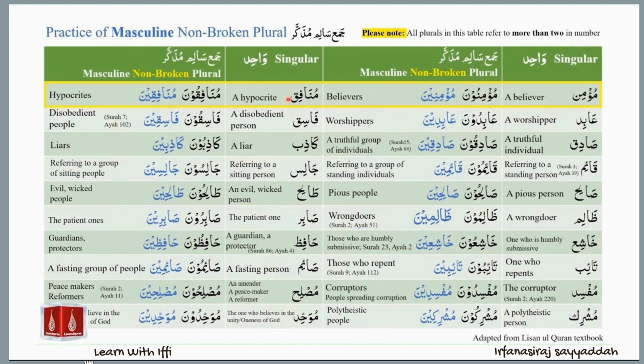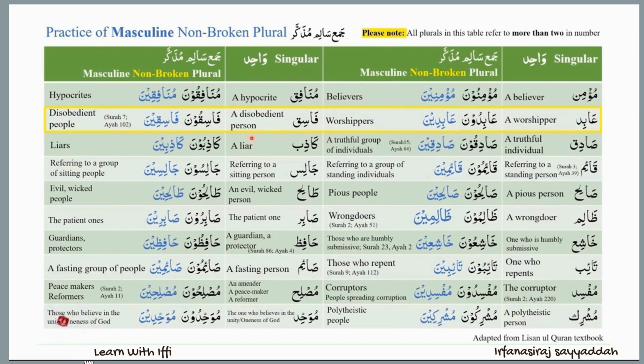Munafiq means a hypocrite. And the plural are munafiquna, munafiqina. Abid means a worshipper or one worshipper. And the plurals are abiduna, abidina. Fasiq is a disobedient person.